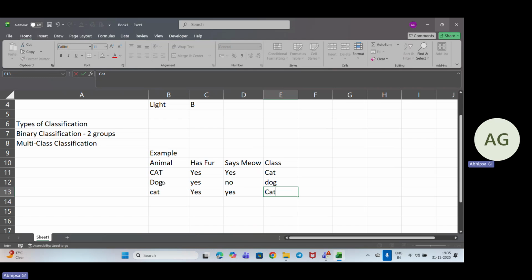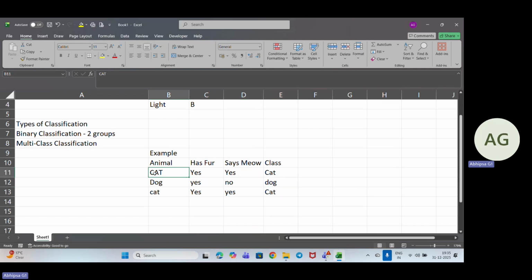You can understand the pattern here. For all of the animals, fur is yes, but says meow is different. If the same kind of data is repeating for cat and dog, you can see for dog it is yes for fur, for meow it is no, so it is coming down to dog class.